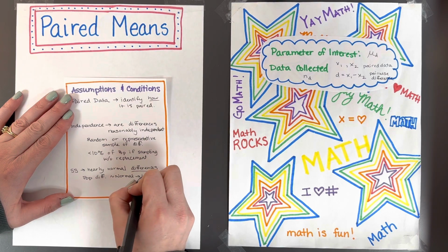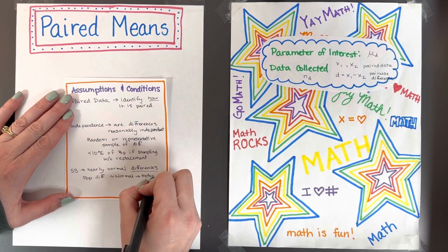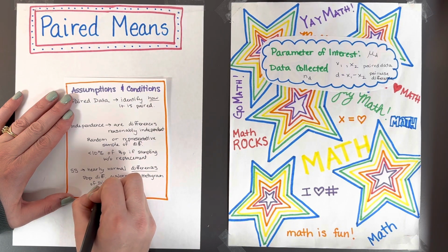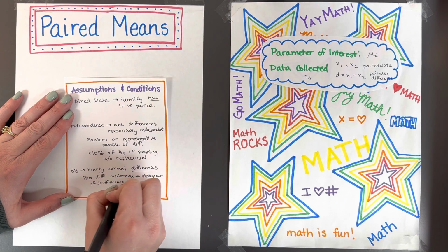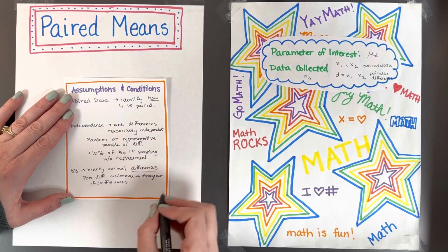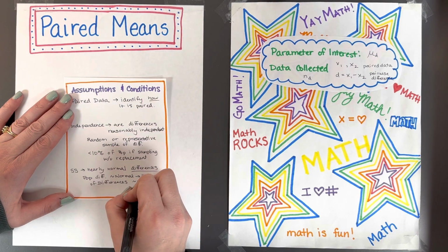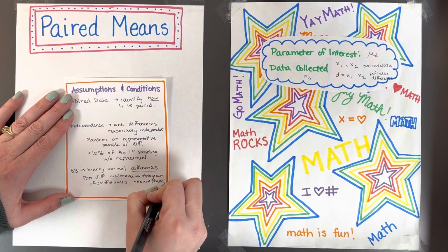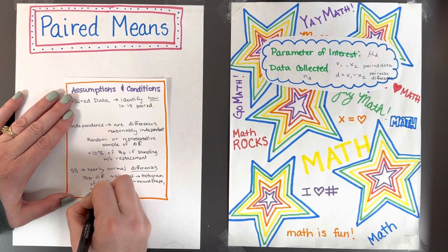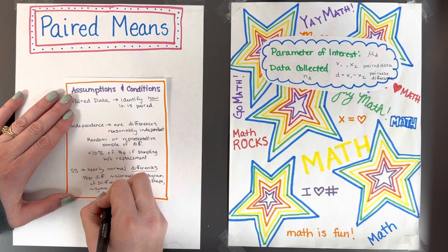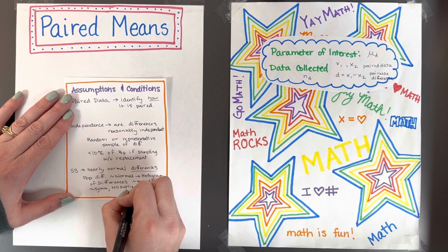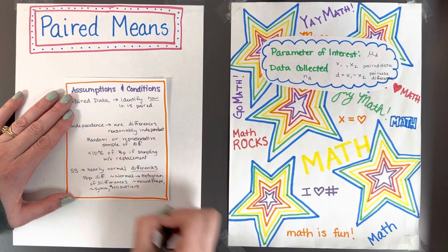This means we are going to look at a histogram of differences. The main things that we're looking for are that it is approximately mound-shaped, approximately symmetrical, and has no outliers. The no outliers is the really important one.